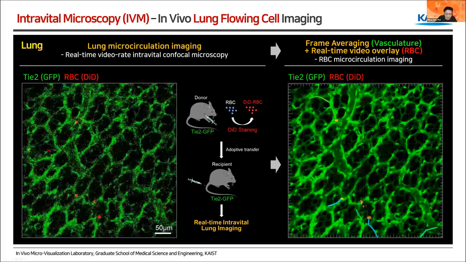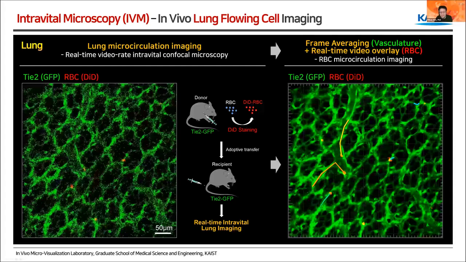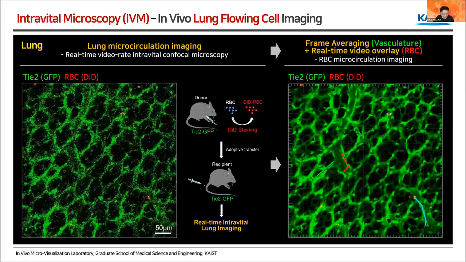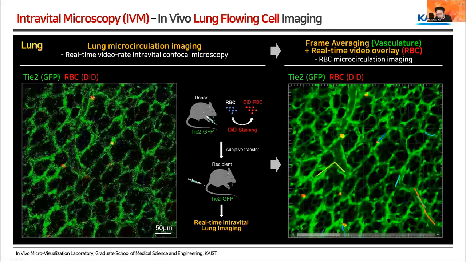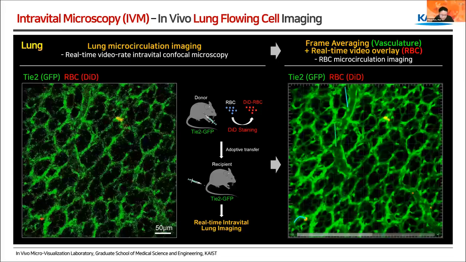This is the real-time data. Later, we can do motion compensation processing and overlay of the real-time RBC flow data, and then analyze the individual RBC flows in a single capillary in the lung.